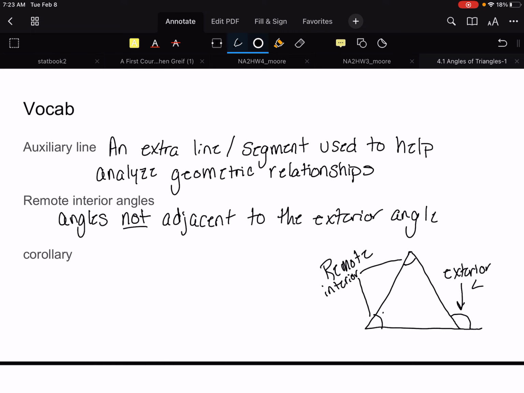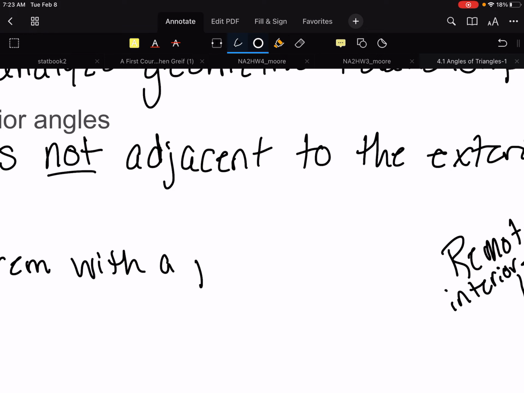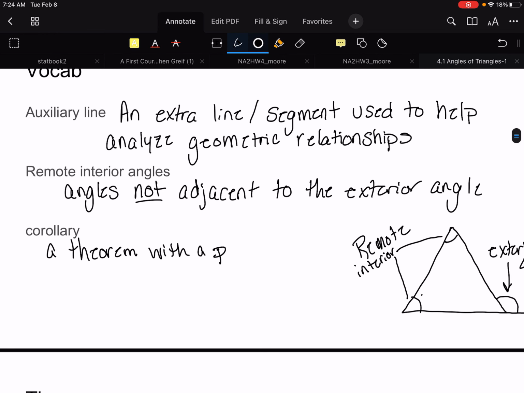And finally, a corollary is a theorem with a proof that follows as a direct result of another theorem.